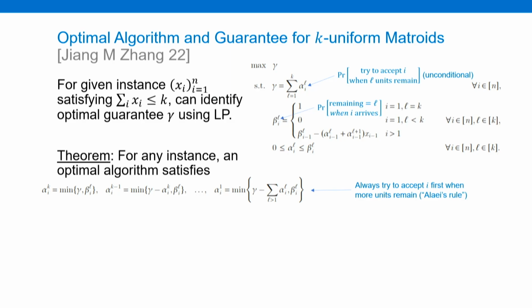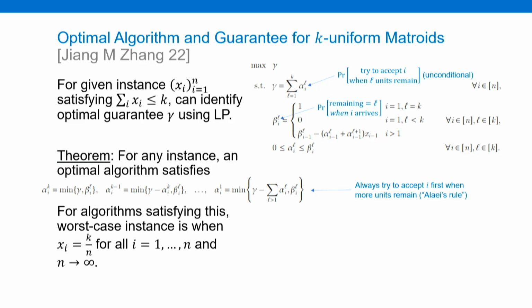You can prove this using this LP, and then this paper shows that once you know the optimal algorithm satisfies this form, you can characterize the worst case instance and the tight guarantee for a k uniform OCRS. It says the worst case instance is essentially Poisson, which is often the worst case when you have a bunch of small probabilities, but in expectation, the total number of active elements is k.